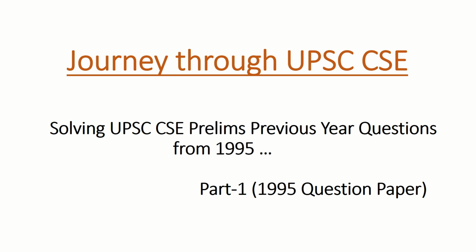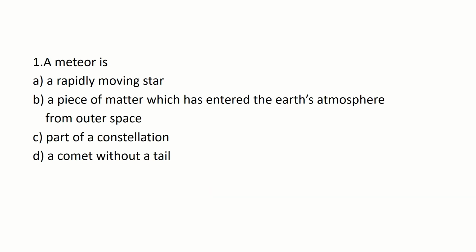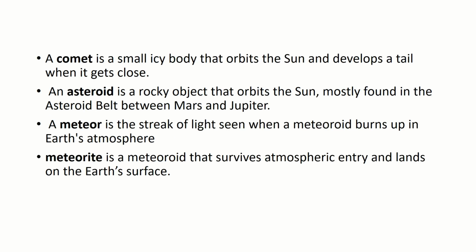And let's begin. First question is about a meteor. Before solving this question, let's see what a meteor means. So you will be able to answer this with confidence, and you will also be able to understand the nature of the question. What is a comet? Well, a comet is a small icy body that orbits the sun and develops a tail when it gets close.